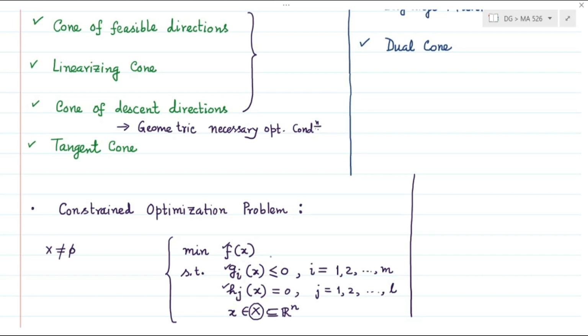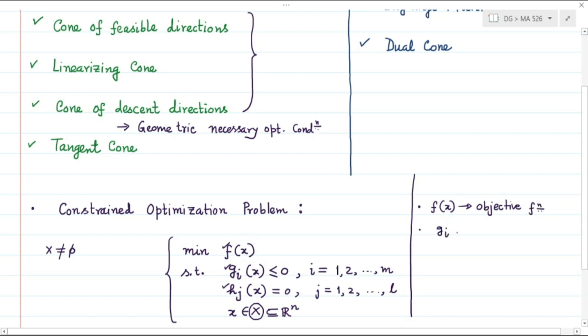Let me now mention a few terminologies related to this problem. We call the function f(x) the objective function, and the functions giving the inequality constraints and equality constraints are all known as constraint functions.